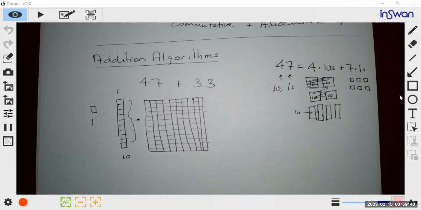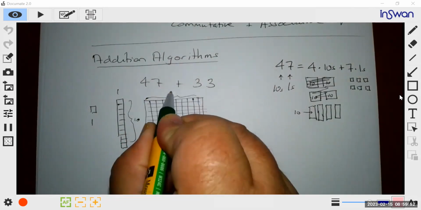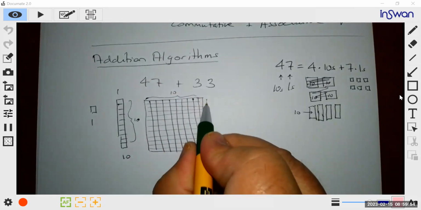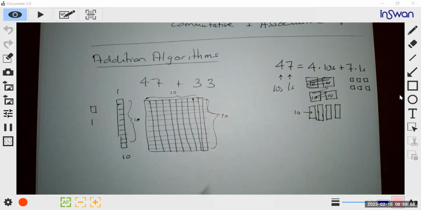So 10 times 1 is 10. This one has 10 columns and 10 rows. So it's how much? 10 times 10 is 100.